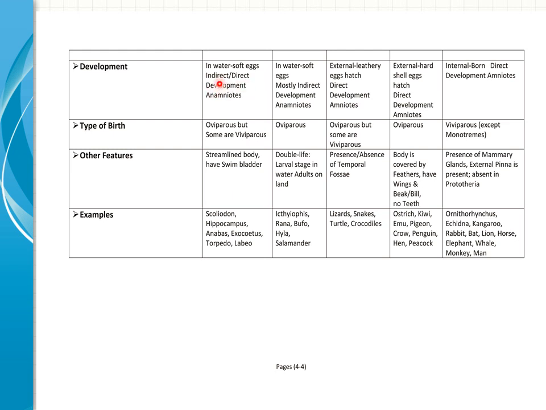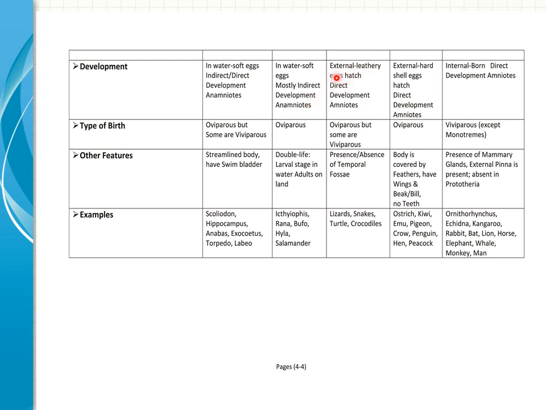In indirect development, larval stages are seen, and in direct there is no larval stage. In the case of amphibia, development takes place in water. Soft eggs in water undergo development, and the type of development is mostly indirect with the formation of a tadpole larva.